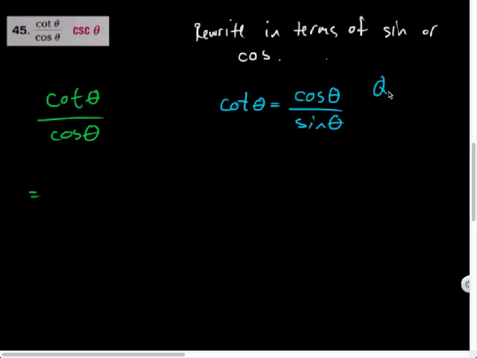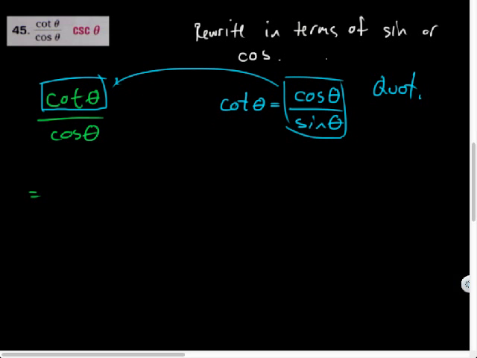So I'm going to replace the cotan part with cosine over sine. So I'll have cos theta over sine theta, and then a big all over cosine theta.